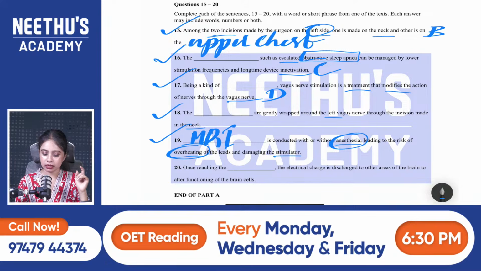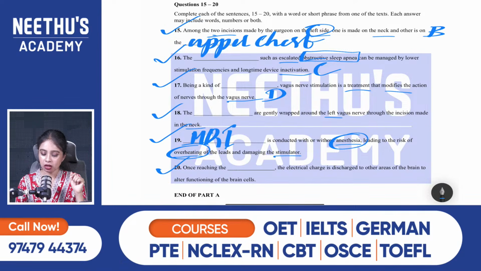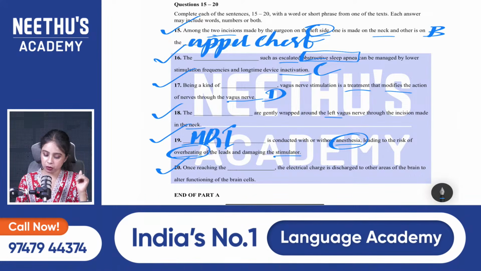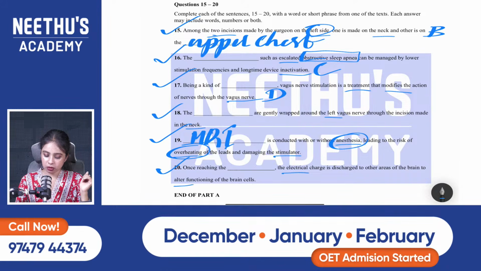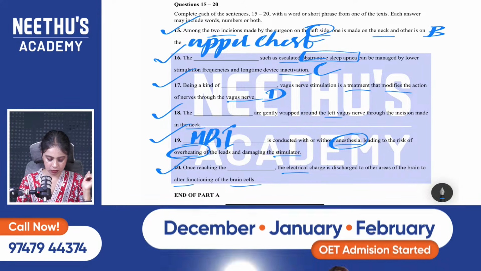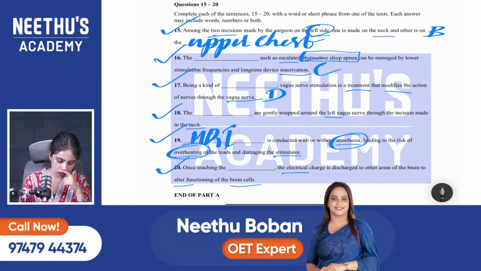Okay, then 20. Once reaching the dash, electrical charge is discharged to other areas of the brain to alter functioning of the brain cells. So electrical, then alter brain cells. Magnetic resonance imaging. Very good.